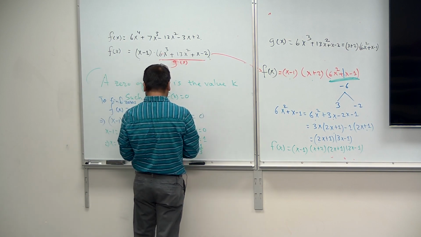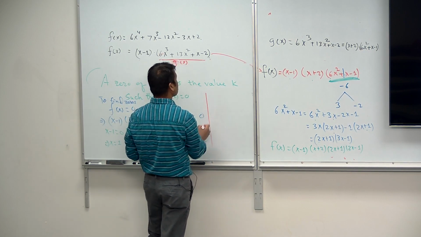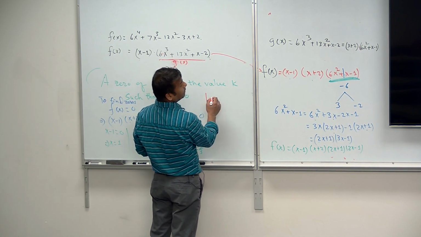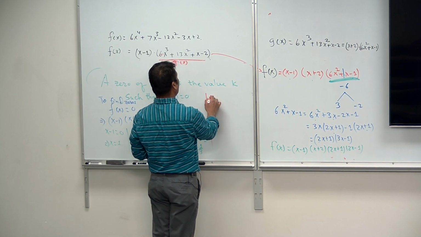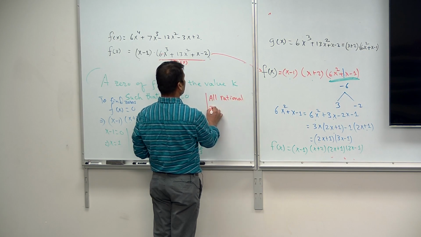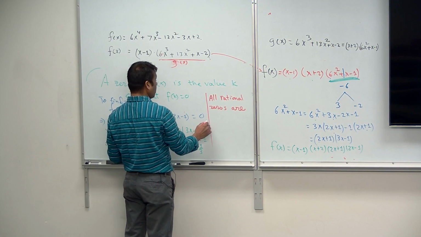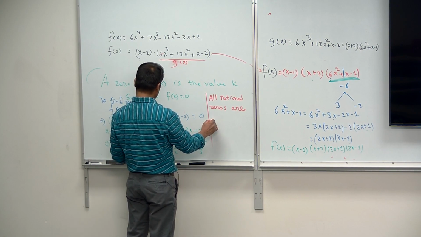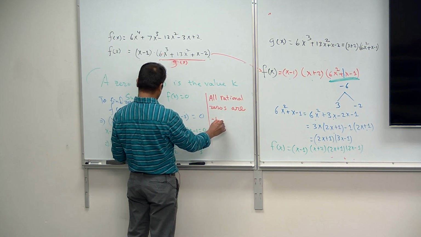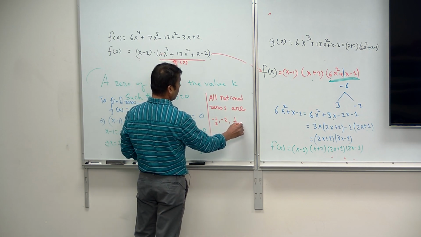So what are the rational zeros? All rational zeros are negative 1/2, negative 2, 1/3, and 1.